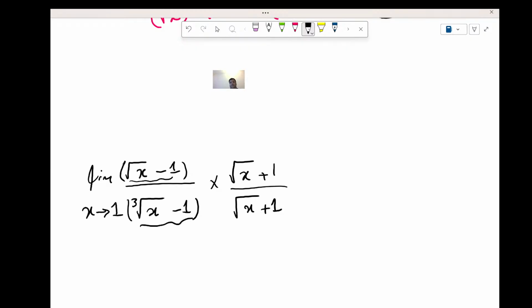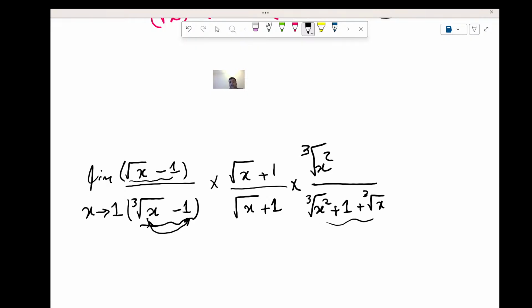But about this part, if I'm going to cancel this and produce x minus 1, I must multiply by the first component with power 2, the second component with power 2, and the product of these components with the negative sign is positive cube root of x, and exactly I put in the top: x power 2 with root 3 plus 1 plus radical x with the root 3.